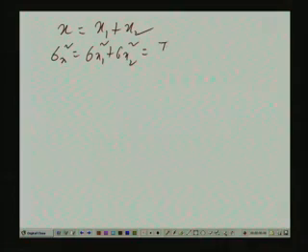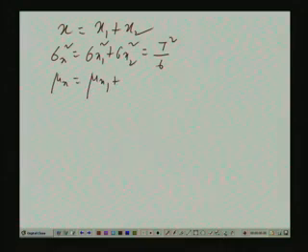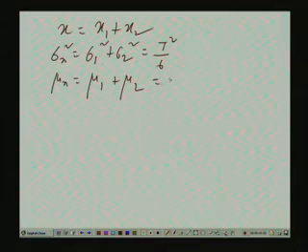So, sigma x square is t square by 6, and mu x is nothing but mu x1 plus mu x2, which is t.